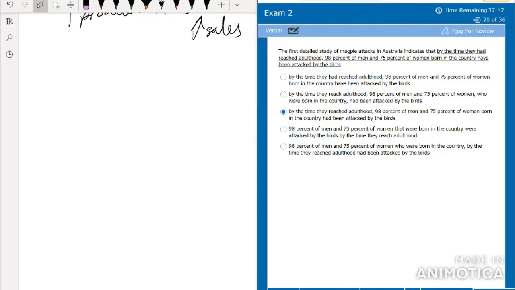C looks good because they'd been attacked in the past, and by the time they reached. Okay, D is wrong because it doesn't tell us whether it's the birds or the people reaching adulthood. C and E.